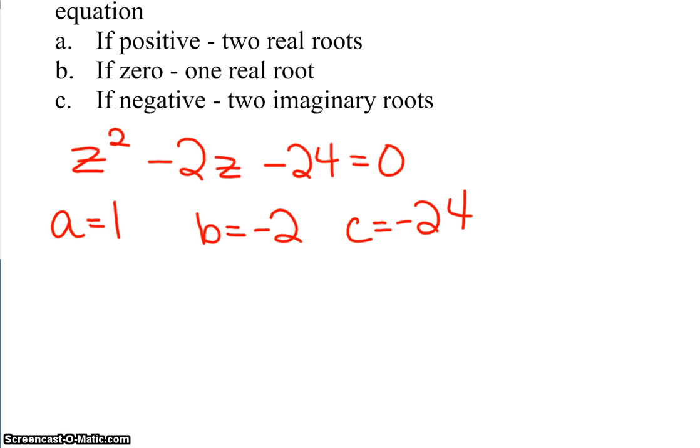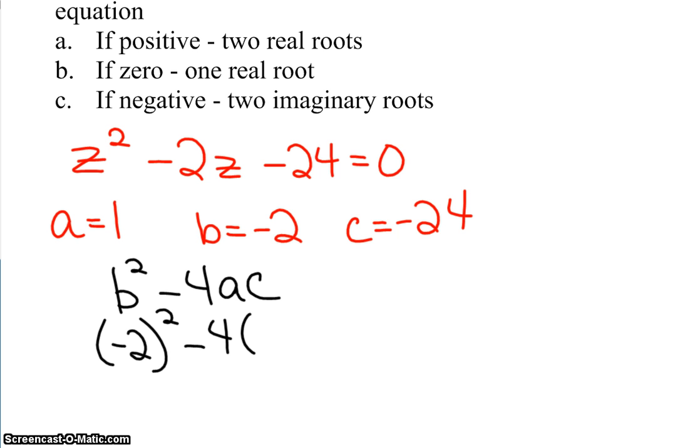Now, you can go ahead and substitute directly into the quadratic formula, or you can make your life a little bit easier and find the discriminant first. Remember, the discriminant is b squared minus 4ac. So in this problem, I'm going to have negative 2 squared minus 4 times 1 times negative 24.